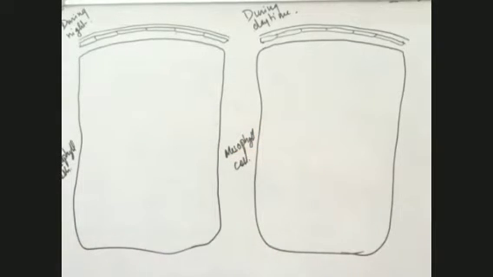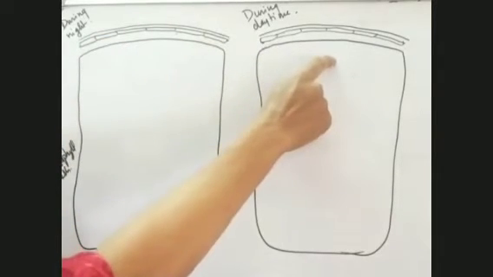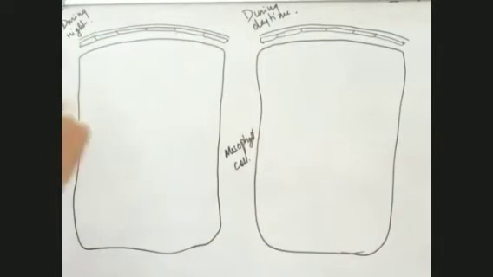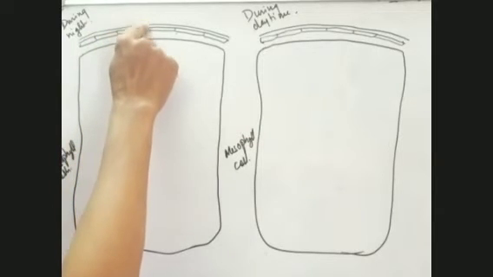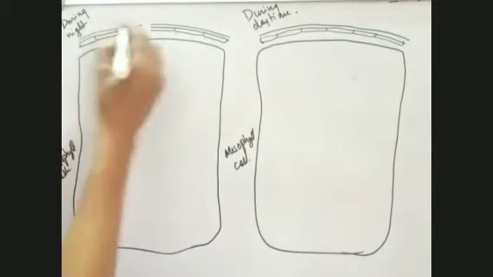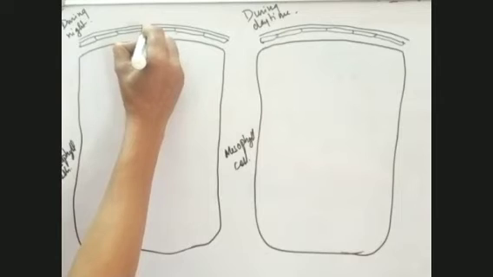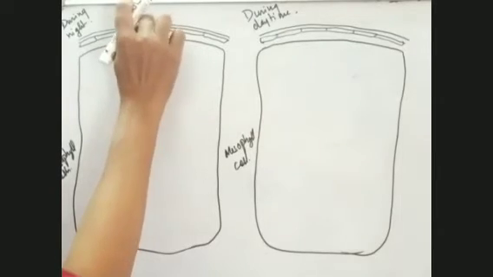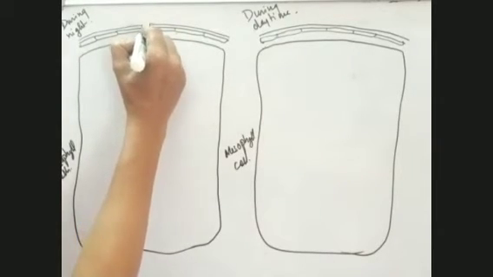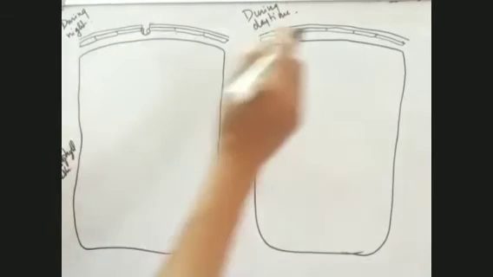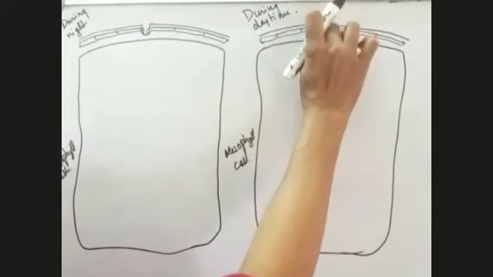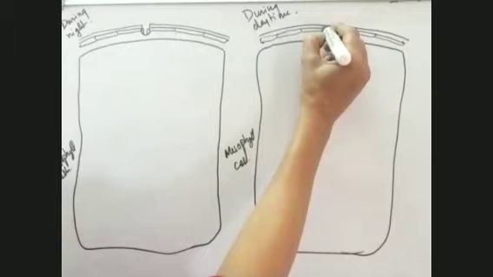Okay, now what happens? During the daytime, as I told you, the stomata are closed, but during night the stomata are open. So I'm going to make open stomata here. The stomata are of course sunken, so I'll make them a little like this. And during the day the stomata are closed, so we make them closed like that.